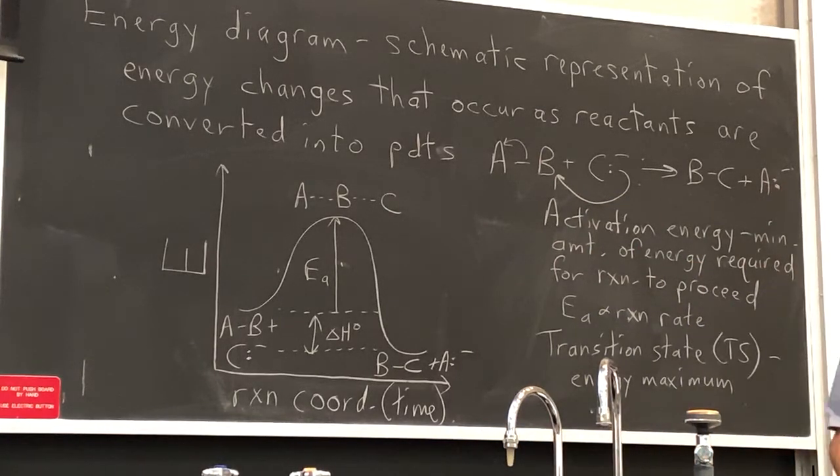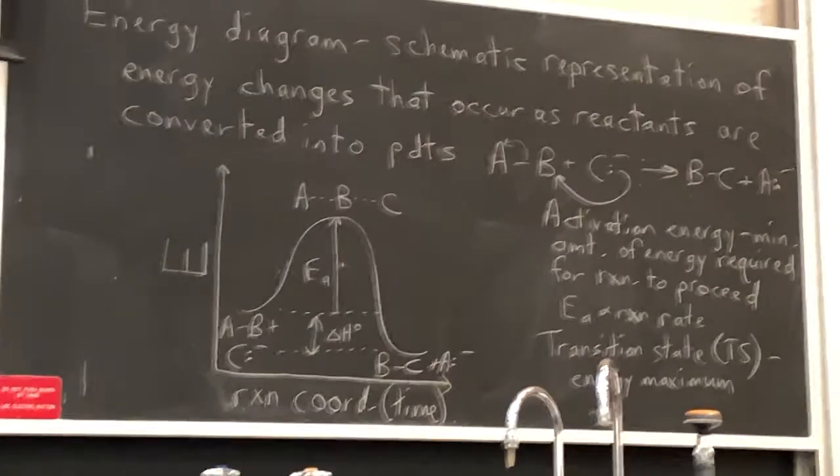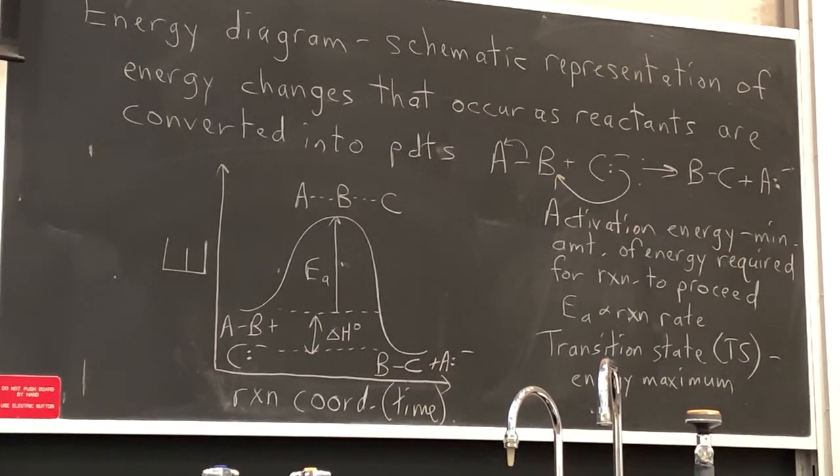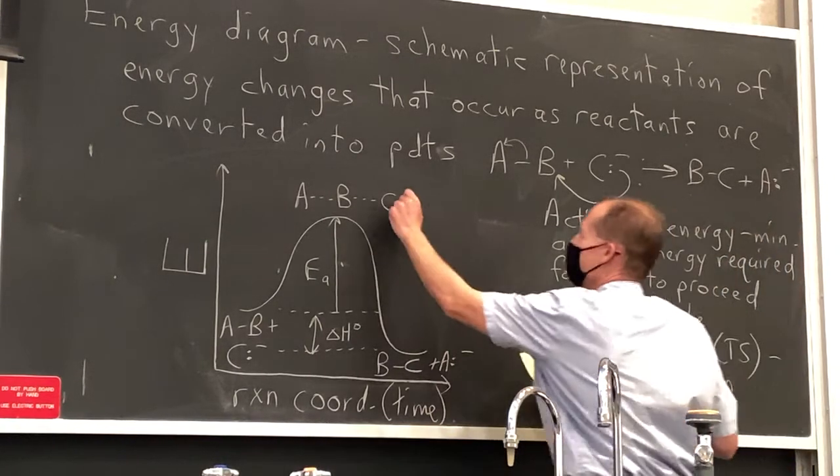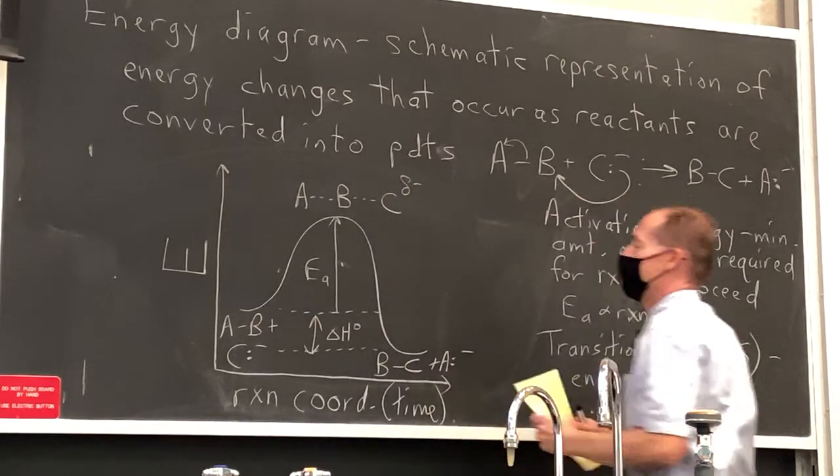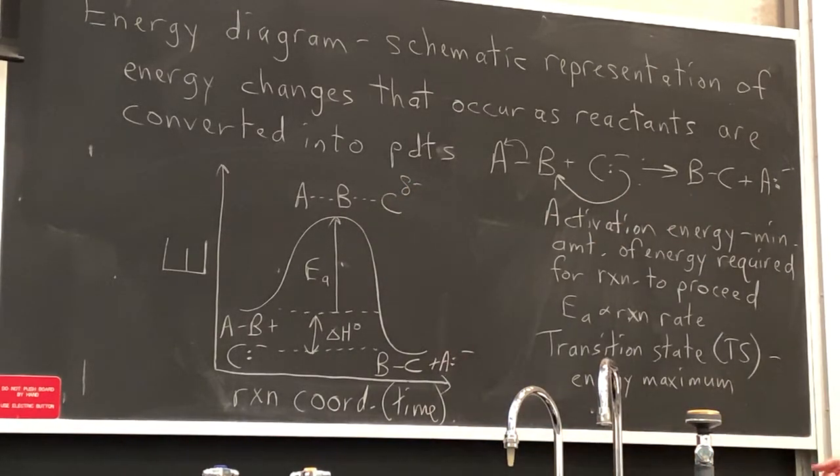We also need to look at the charges. Are there any charged species in the starting materials? Okay, C has a charge. Does it have a charge in the product? C does not have a charge in the product, so it's going to have a partial charge at the transition state, a partial negative charge. And as we're passing through the transition state, is the magnitude of this partial charge increasing or decreasing?